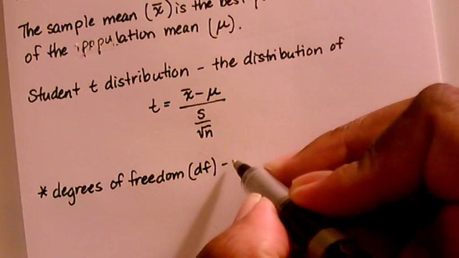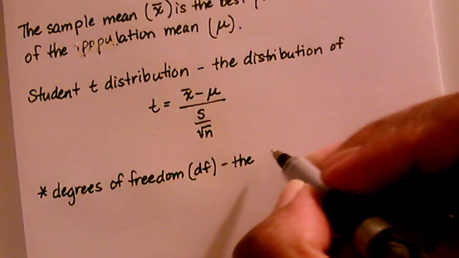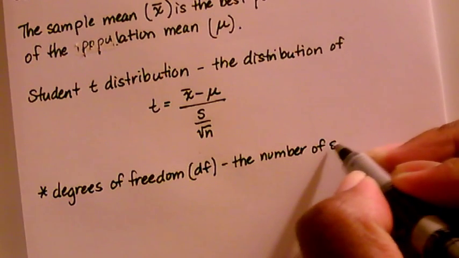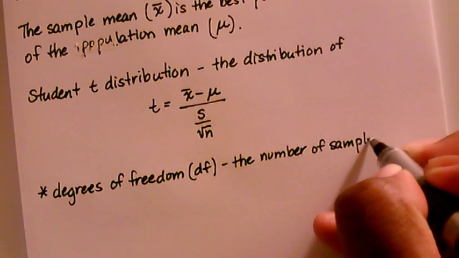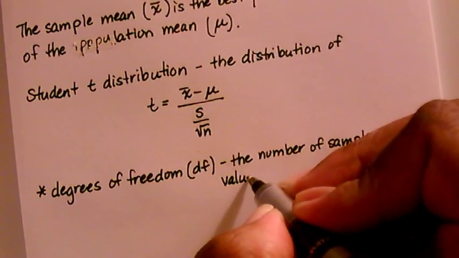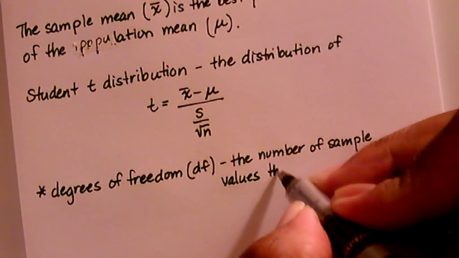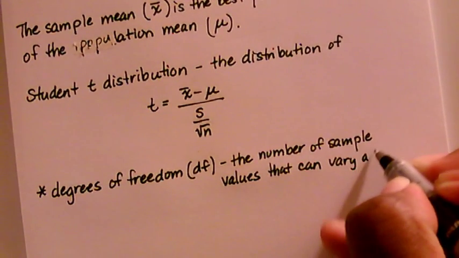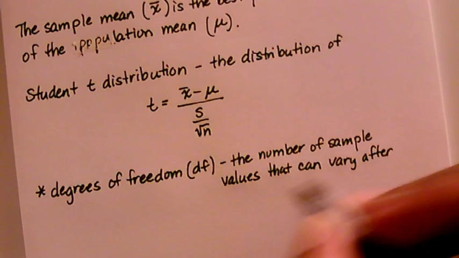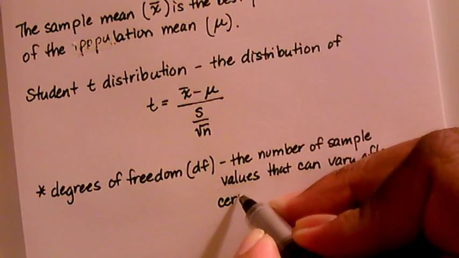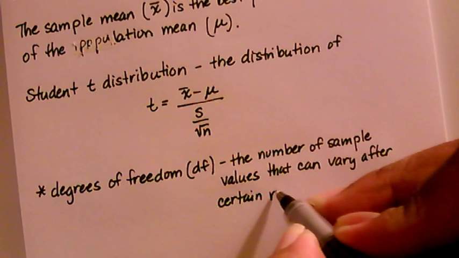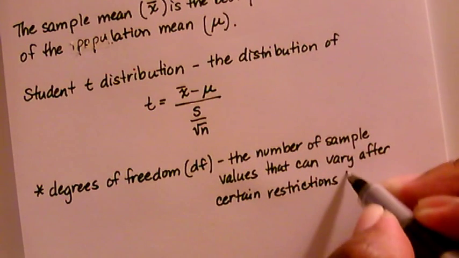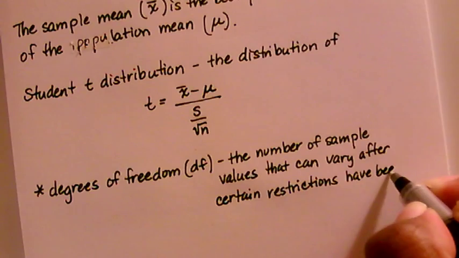Here the degrees of freedom is the number of sample values that can vary after certain restrictions have been imposed.